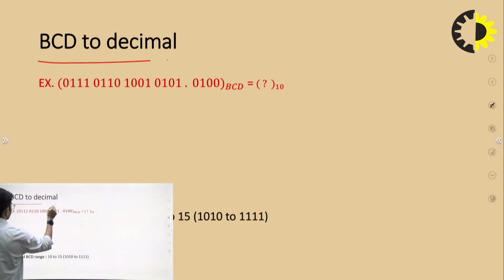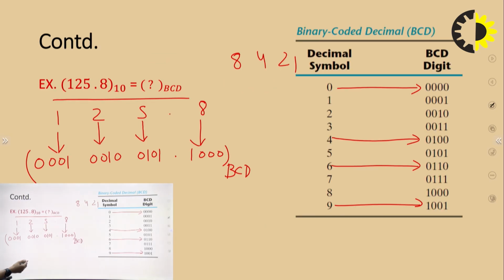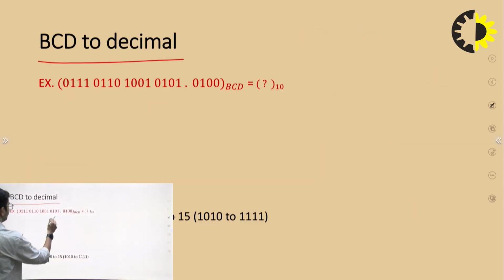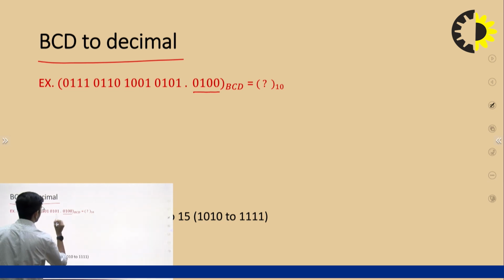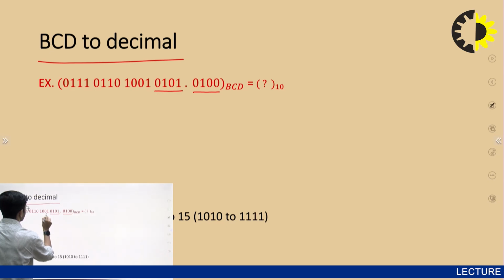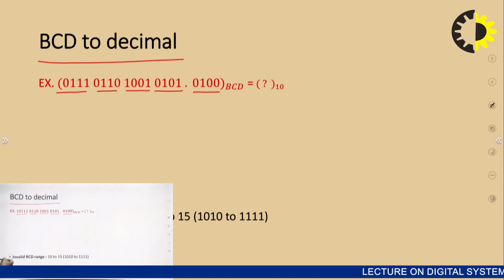If we are given some BCD number, how can we convert it into decimal? In the previous slide, you can observe that to convert any decimal into BCD, we have to represent each digit in 4 bits. Similarly here, if we have a BCD number, we just pair the 4 bits, and the decimal equivalent of these bits is the final result.